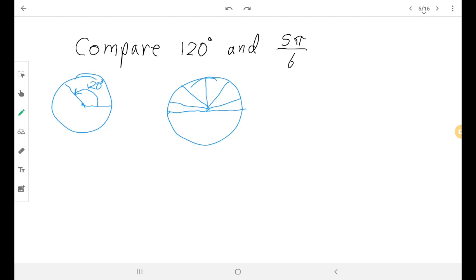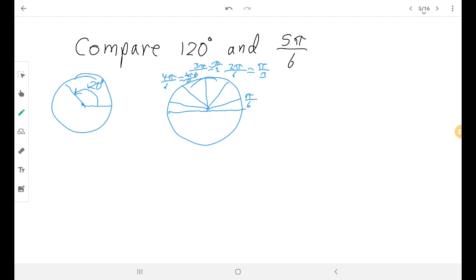So I could label each of these as 1 pi over 6, or just pi over 6, and 2 pi over 6, which I might reduce to 1 pi over 3, and 3 pi over 6, which I might reduce to 1 pi over 2, and 4 pi over 6, which I might reduce to 2 pi over 3.